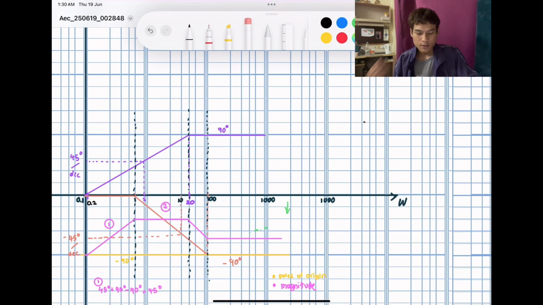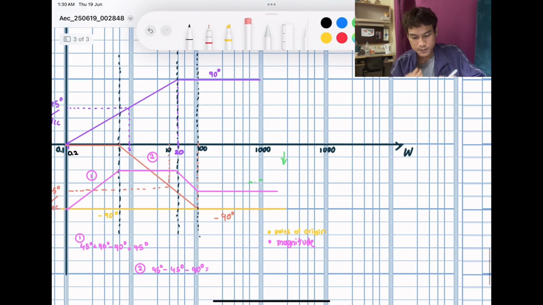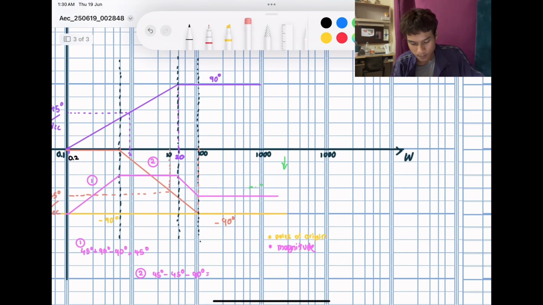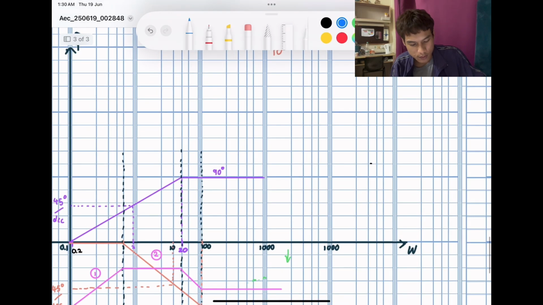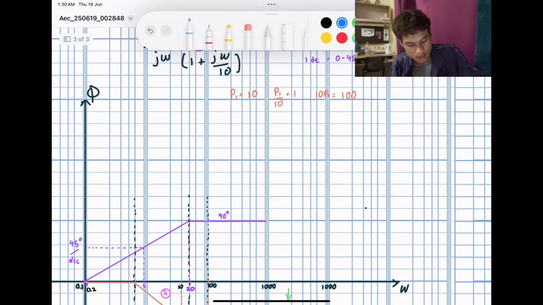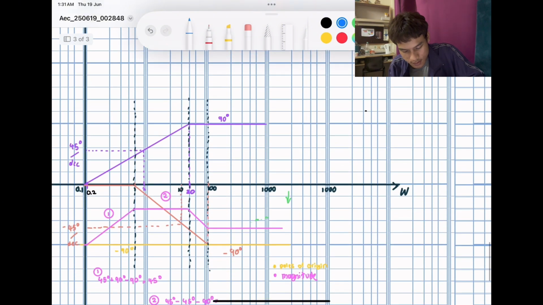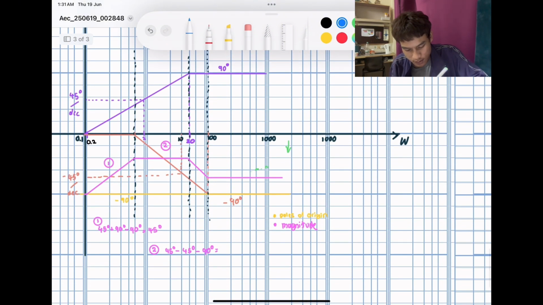Now you proceed with the simple pole. The simple pole, which is the red line, will start to change at a frequency of 1 and stop at a frequency of 100. As you can see, at a frequency of 1, it starts to decrease until it reaches a frequency of 100.